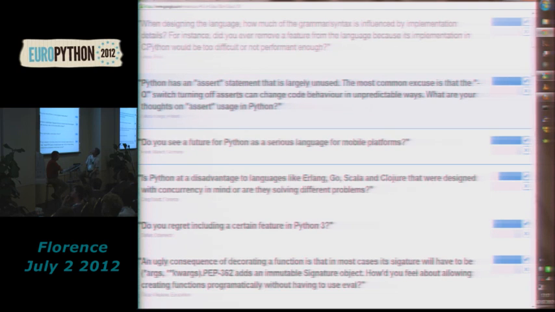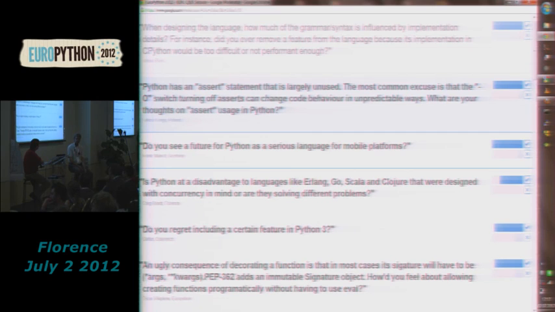Second of all, if -O changes your code behavior in unpredictable ways, you are definitely doing the wrong thing with assert. Now I know that realistically too many people have been doing the wrong thing with assert and not caring about -O enough. If you've never tested your code with -O, it probably won't work correctly when you start using -O.